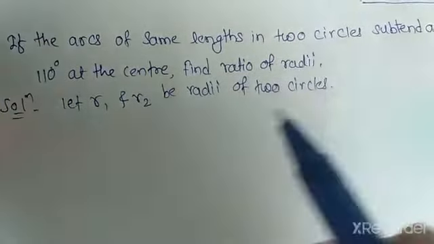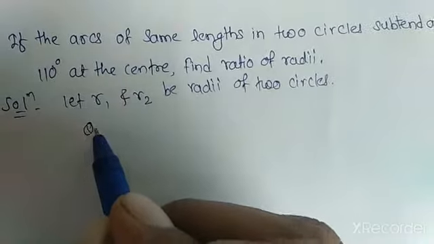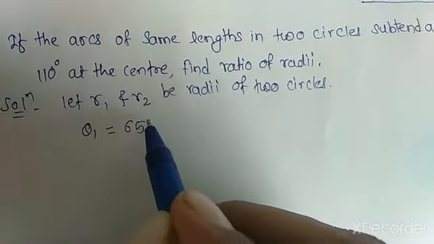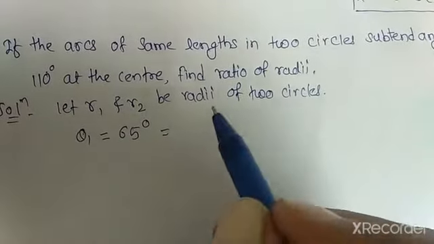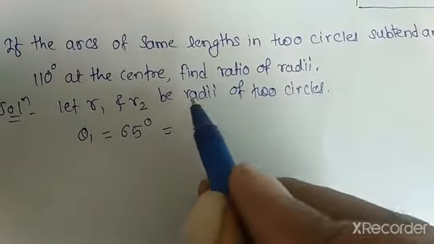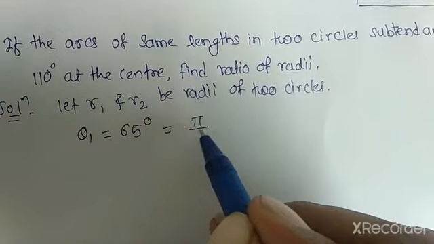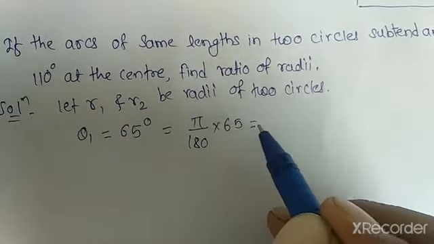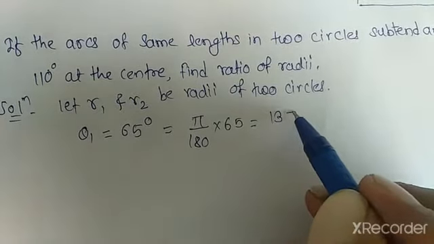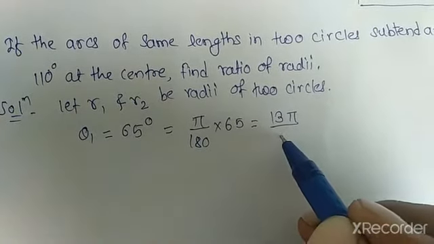Given theta 1 is equal to 65 degree, we have to convert it into radian. It gives us pi upon 180 into 65, which is equal to 13 pi divided by 36 radian.